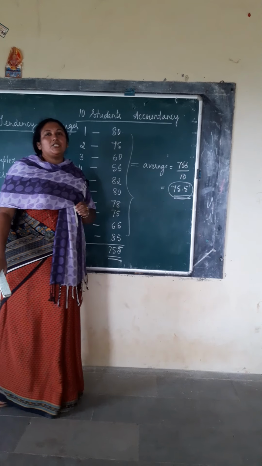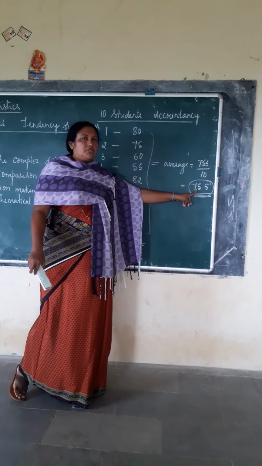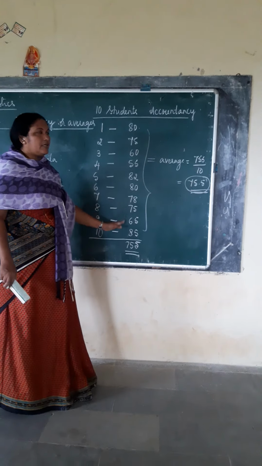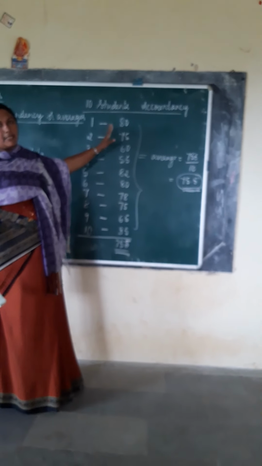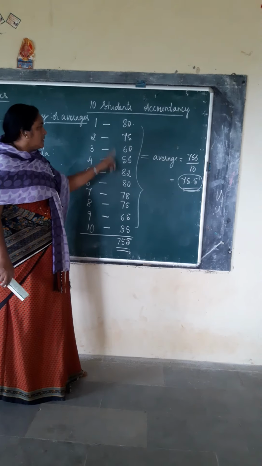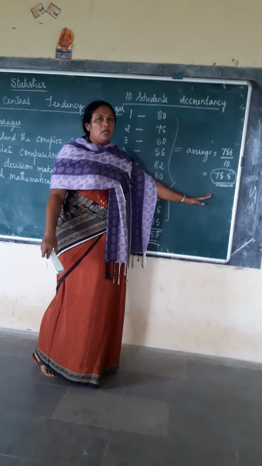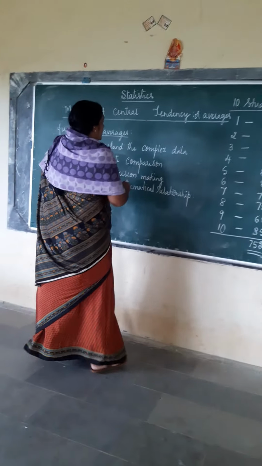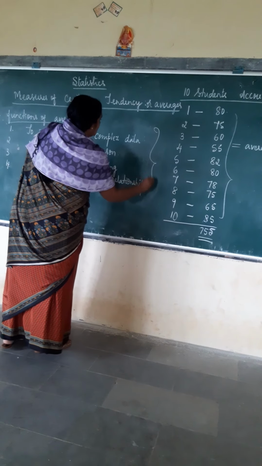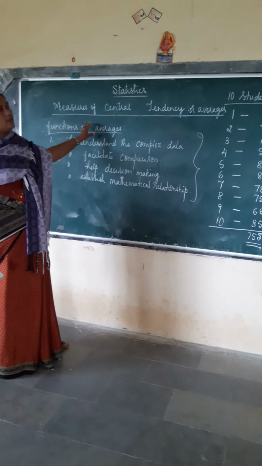We have established a relationship, that is, the dependent variable, average, is based on the independent variable, that is, marks scored by the students. Now, if any of the marks of these students is changed, the dependent variable will also change. So, these are some of the functions or the purpose for which we require measures of averages.